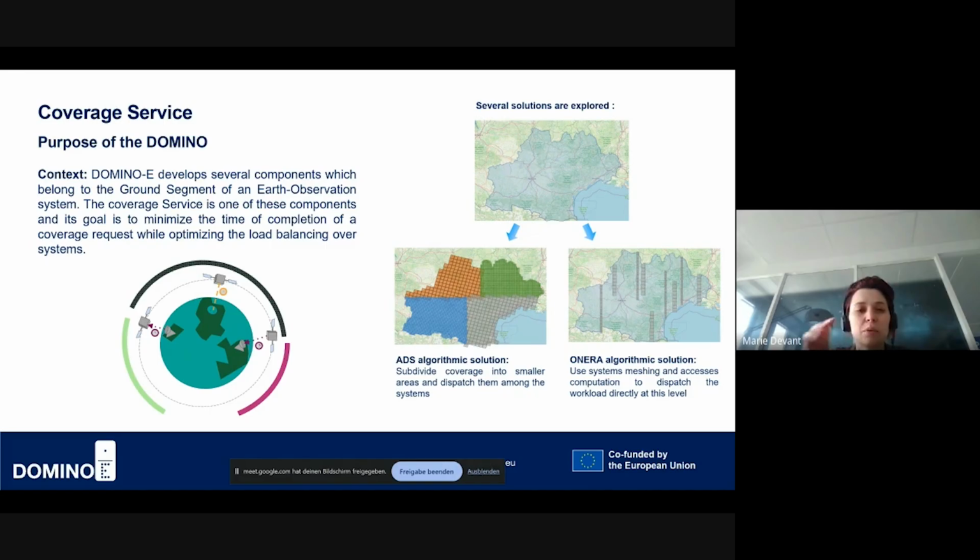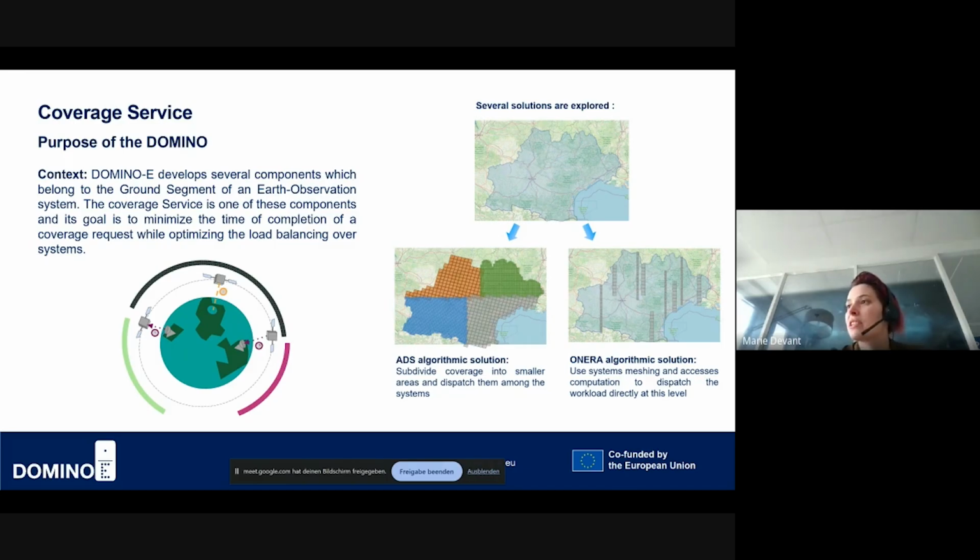To create the link with the previous slide, it's part of the multi-mission service Domino, more precisely the Federation service Domino. So it offers some of the functionalities that those Domino have been defined to do.